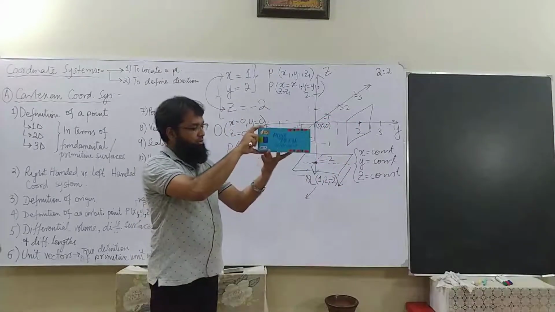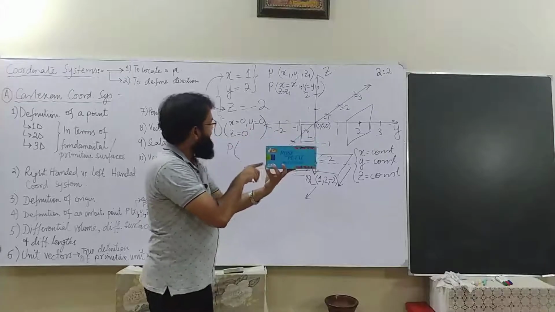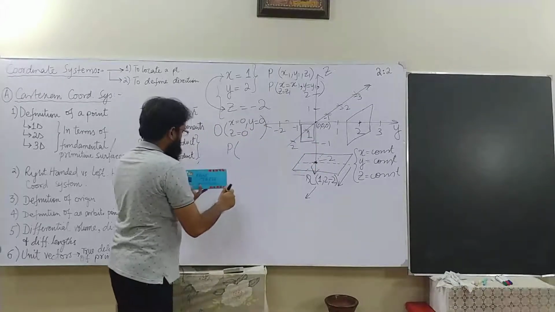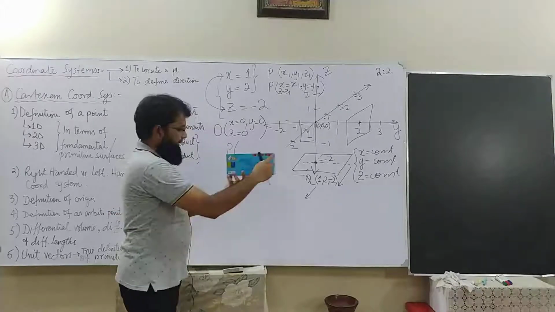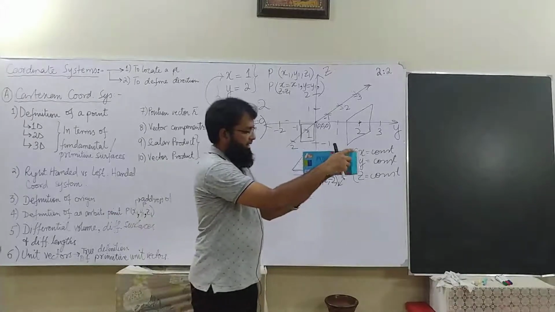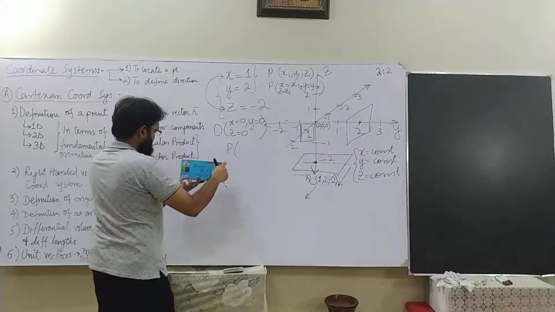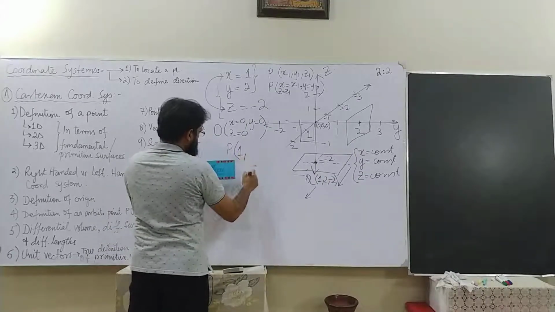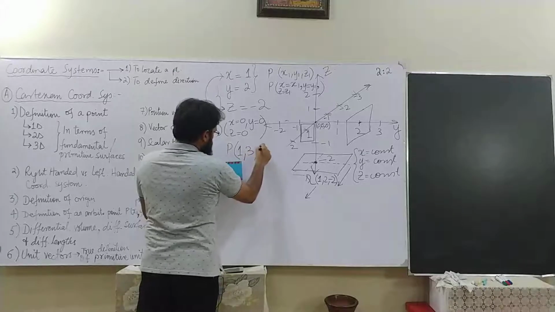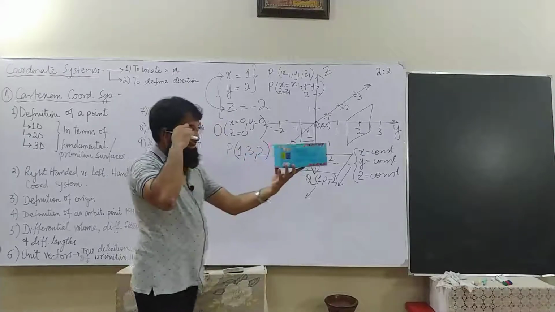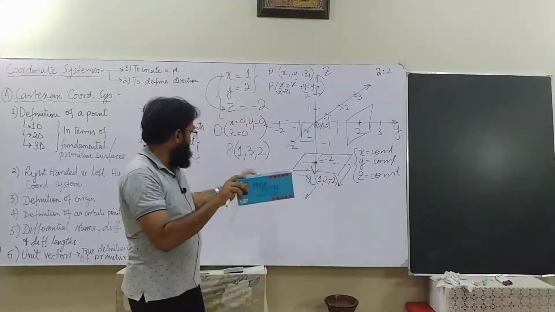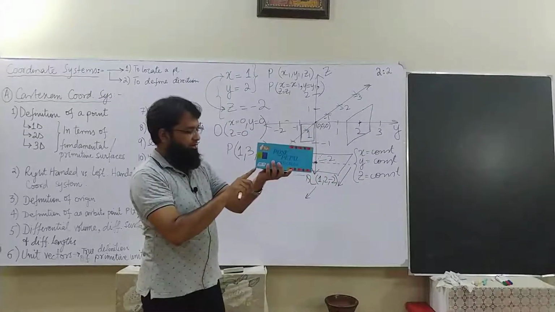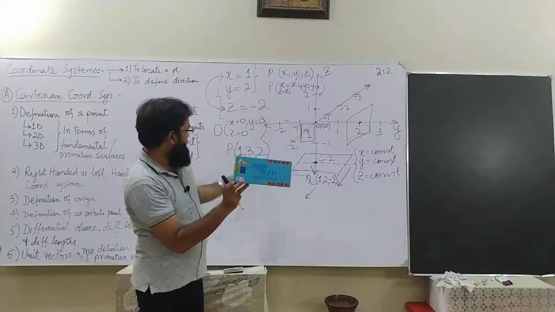And if we want to locate this point, let's say the coordinates of this point are 1, 3, 2, then to reach that point P, you would say, start from the origin and move in the direction of x, how many units? 1 unit.